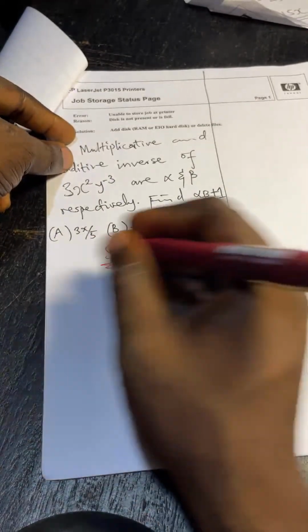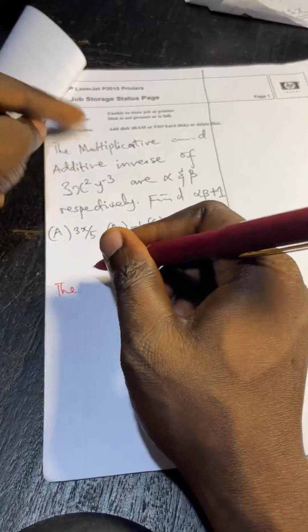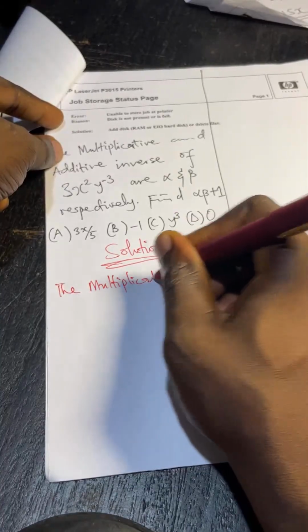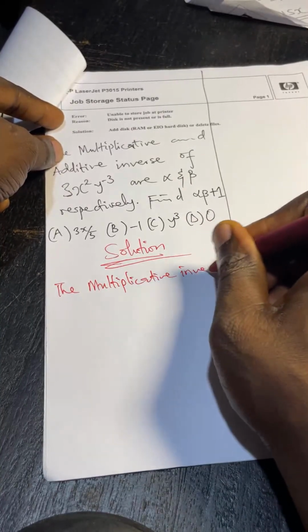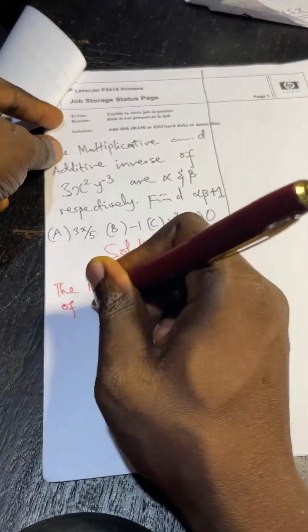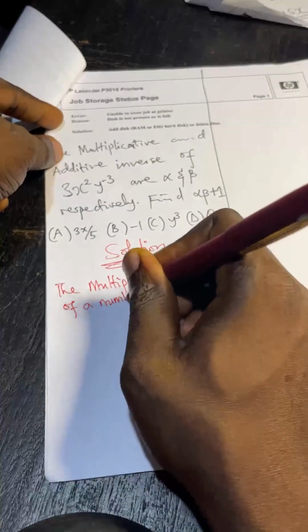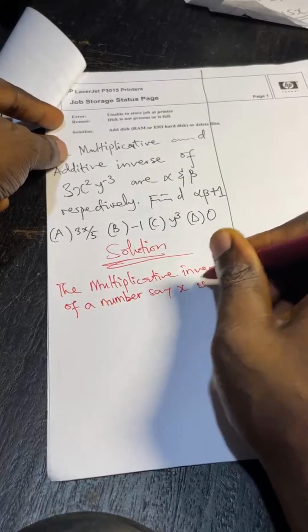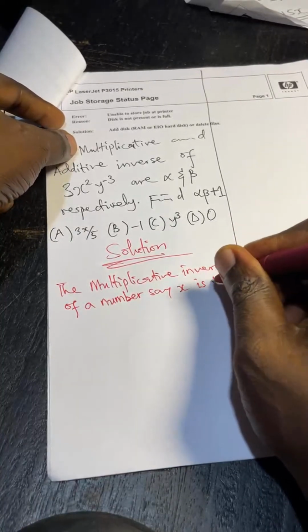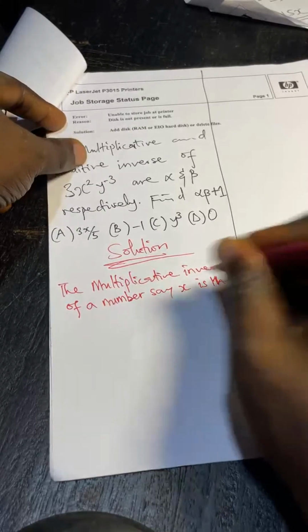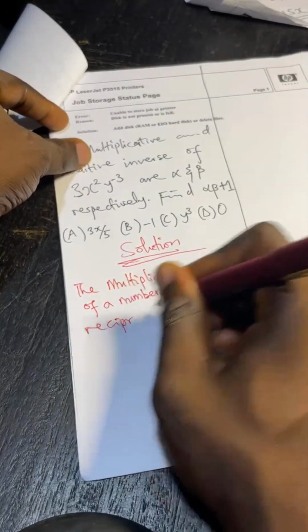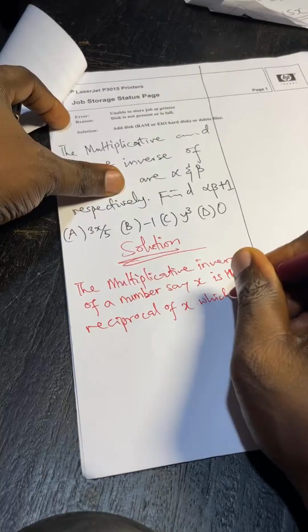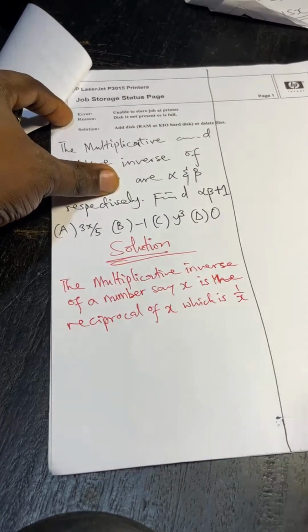First and foremost, understand that the multiplicative inverse of a number, say x, is the reciprocal of x, which is 1 over x.